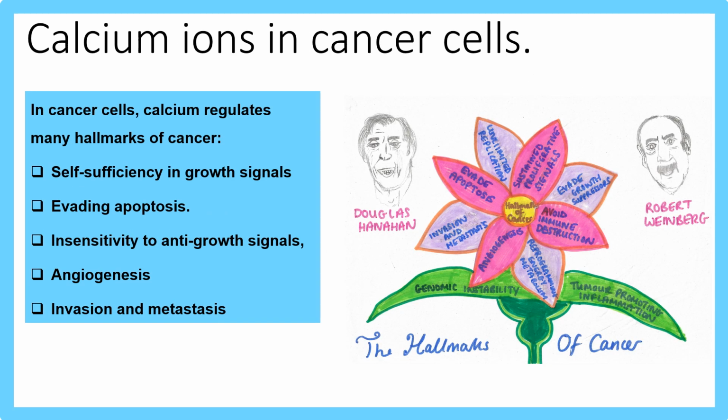Now, calcium ions are also involved in cancer cells. A gentle reminder of the hallmarks of cancer: you've got evade apoptosis, unlimited replication, sustained proliferative signals, evade growth suppressors, avoid immune destruction, reprogramming of the energy metabolism, angiogenesis, invasion and metastasis.